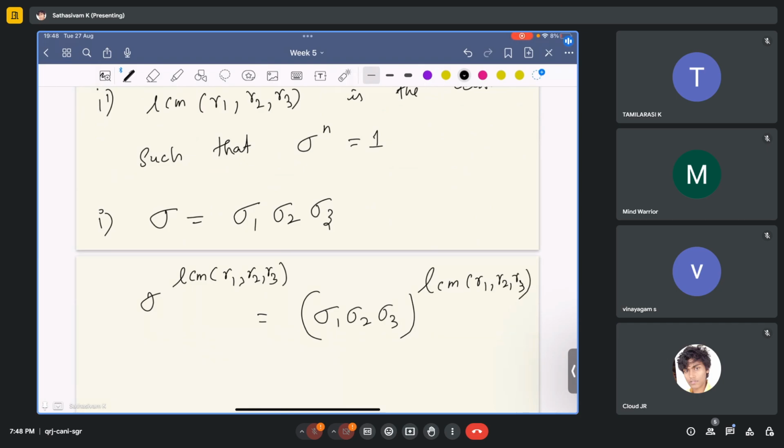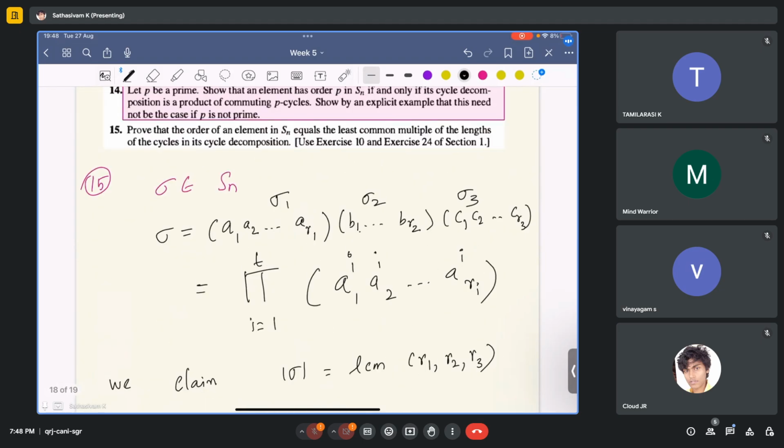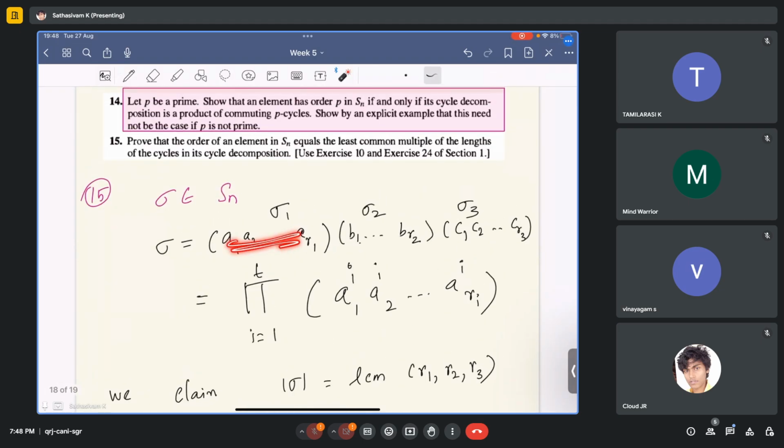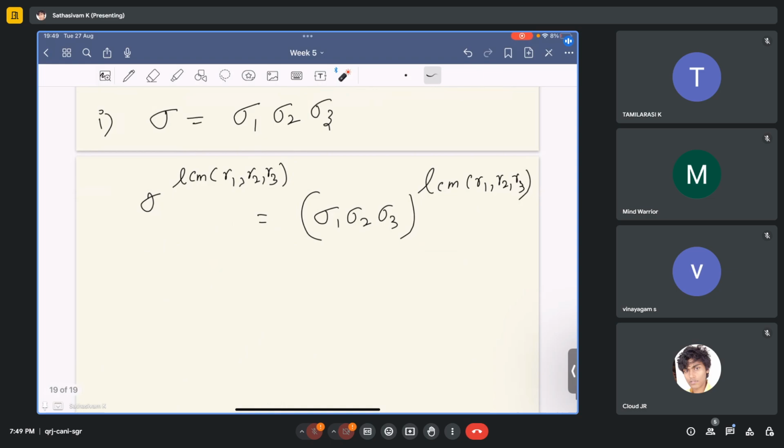But here we have proved one statement, right? If you have disjoint cycles, they commute. So I can commute these things if I have disjoint cycles. If I don't have disjoint cycles, I cannot commute. But when you do the cyclic decomposition, you will always get disjoint cycles. So I can commute these elements, and then this LCM I can take inside.